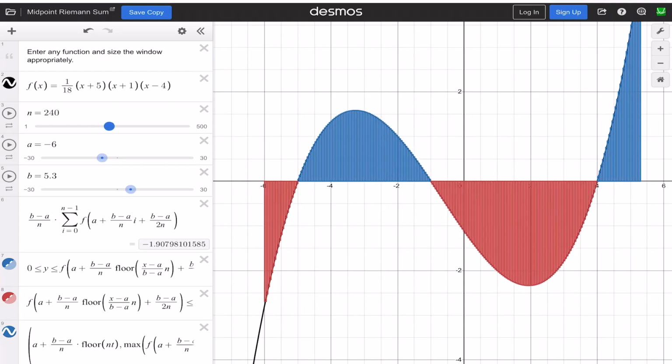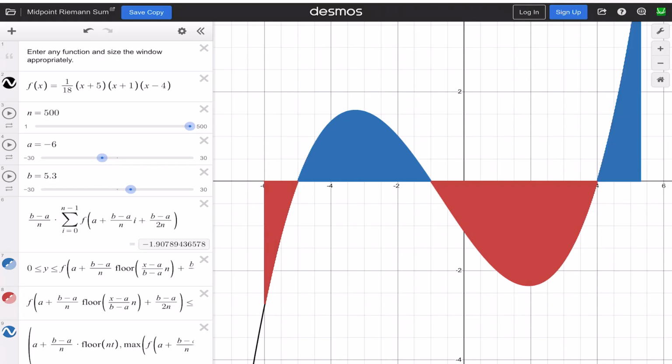So why stop at 260 rectangles? What's a better estimate than 260 rectangles? How about 500 rectangles? But what would be better than 500 rectangles?